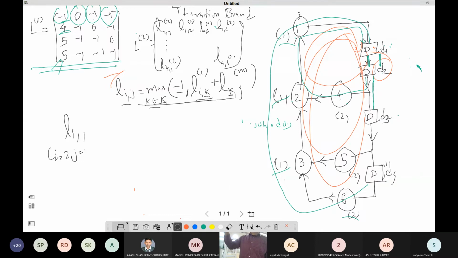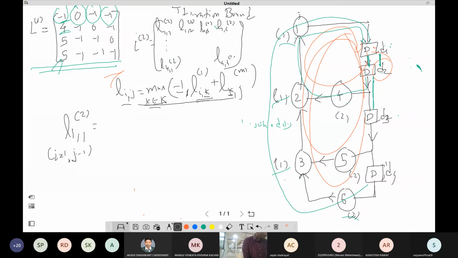Okay, so 1 1, where I am considering I is equal to 1 and J is equal to 1. So L11, and that is L11 of 2, I am talking about. So for that I need to find out in between K. K should be what? K should be any delay element.